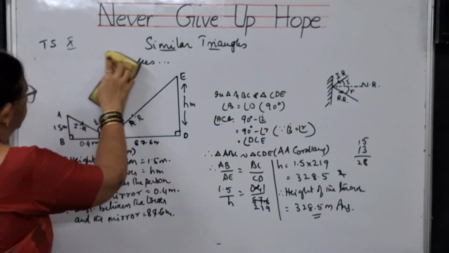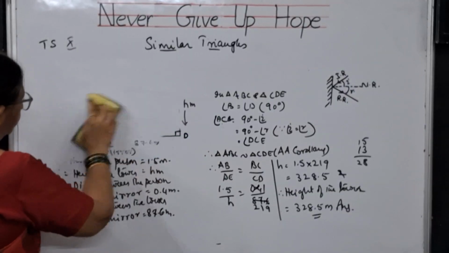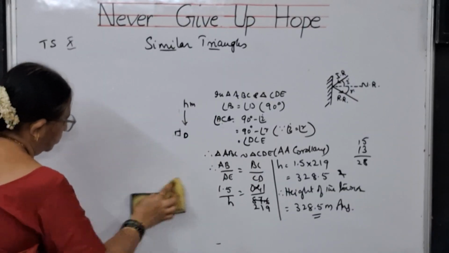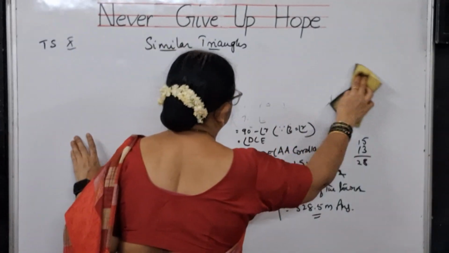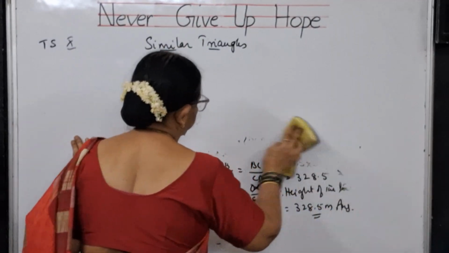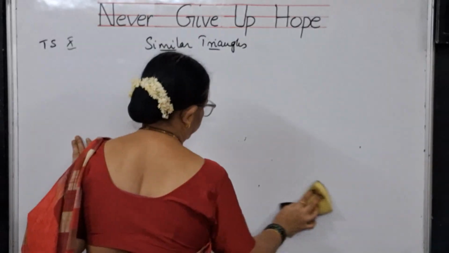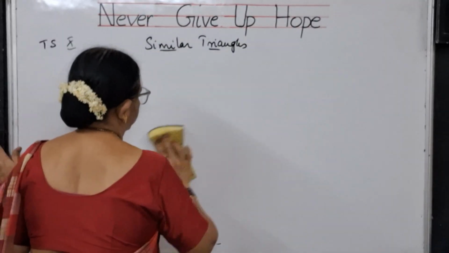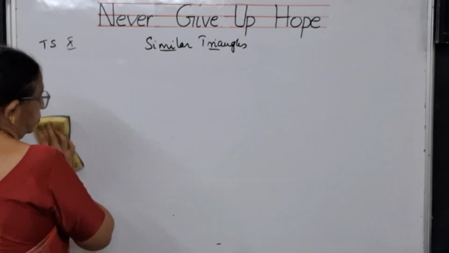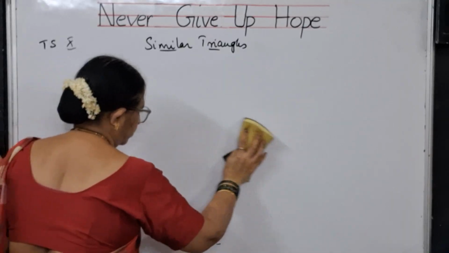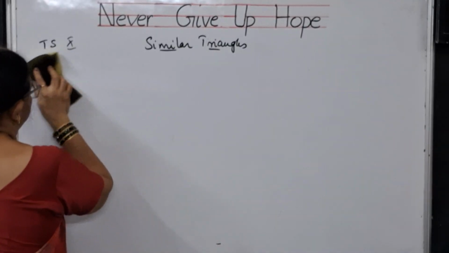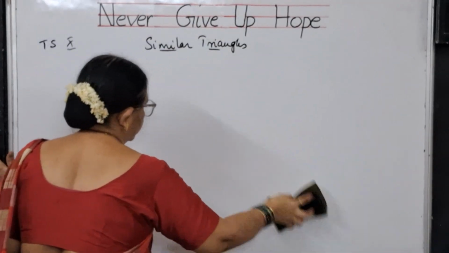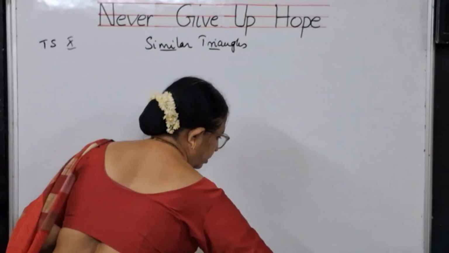Now, example 7. For that you have got a figure, children.